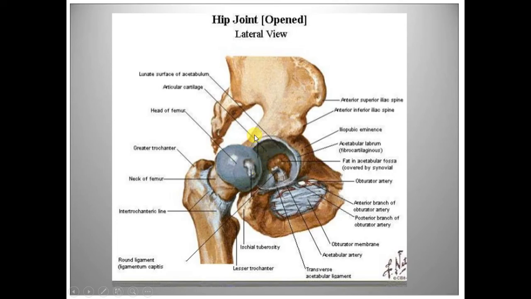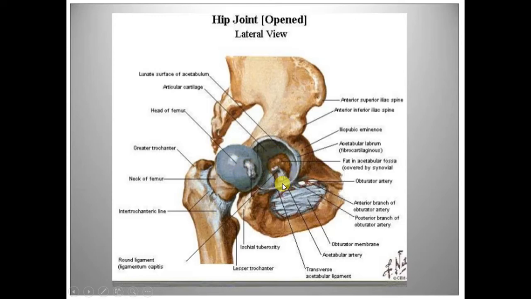The capsule is obviously included within this. The purpose of these ligaments is to stabilize the joint. The acetabular labrum deepens the cavity. The ligament of the head of femur serves to retain the head of femur in the cavity.